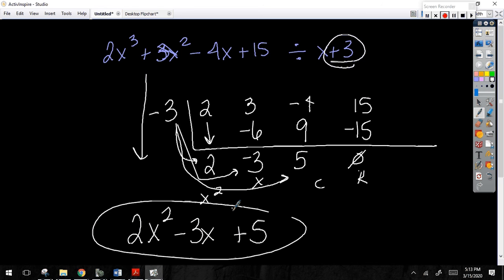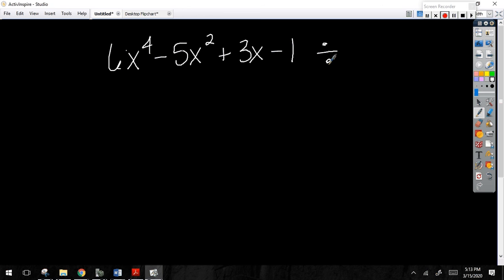Okay. Let's try one more. Let's do 6x to the 4th minus 5x squared plus 3x minus 1 divided by x minus 2. Okay, and let's see how this goes.